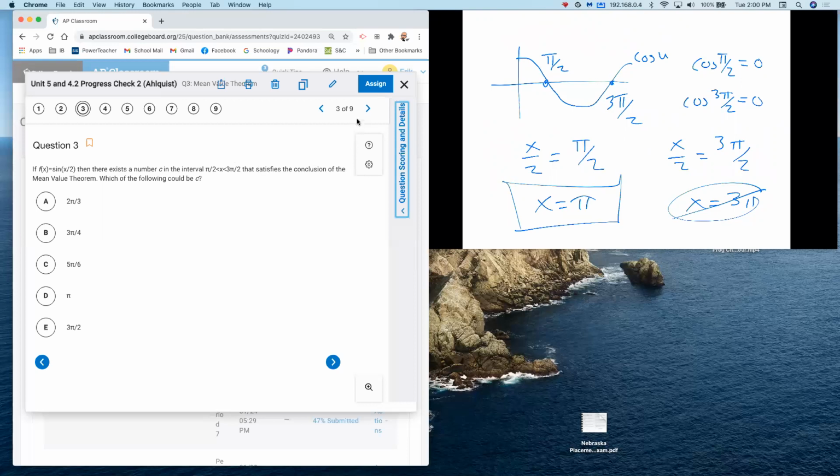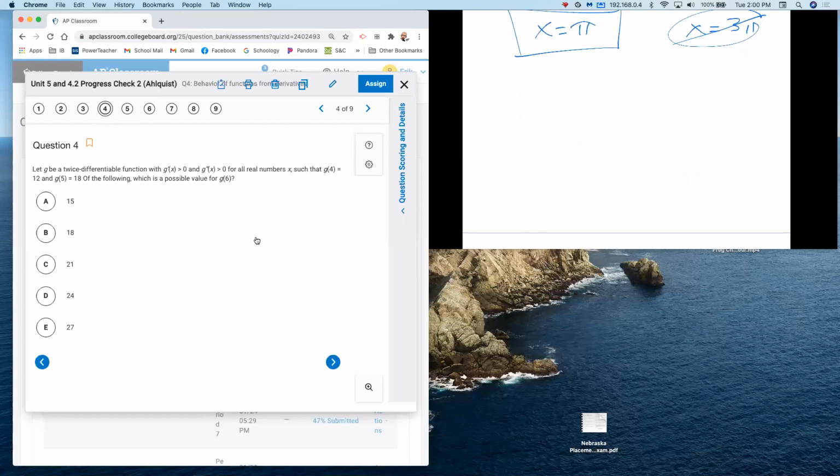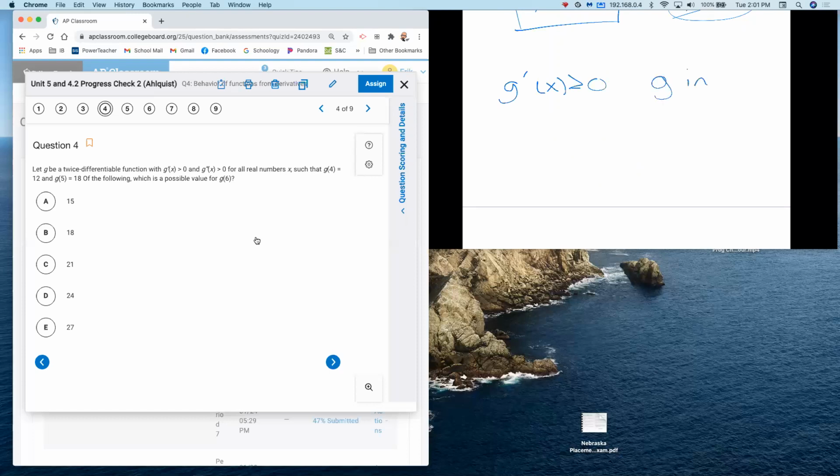Okay. Let me go to question number 4. We've got a twice differentiable function. Notice that if g prime of x is greater than 0, it means g is increasing.